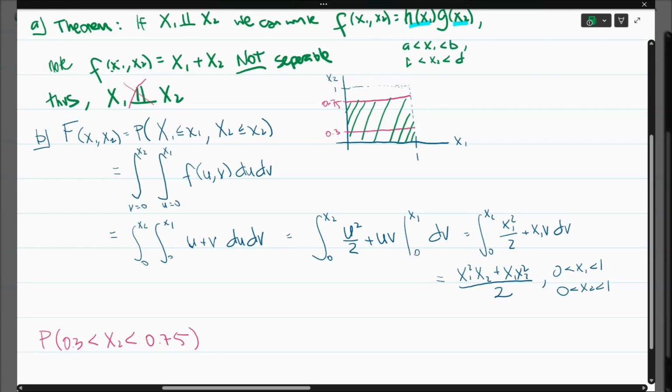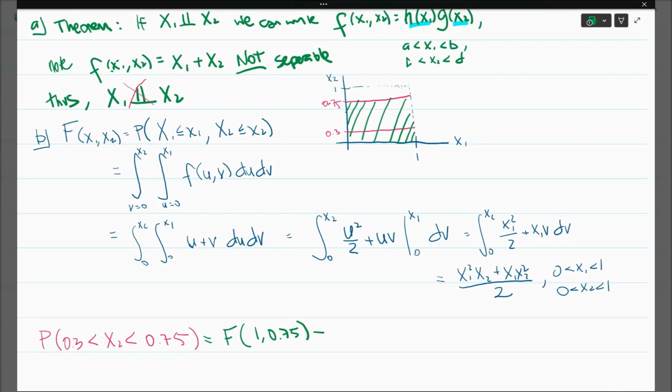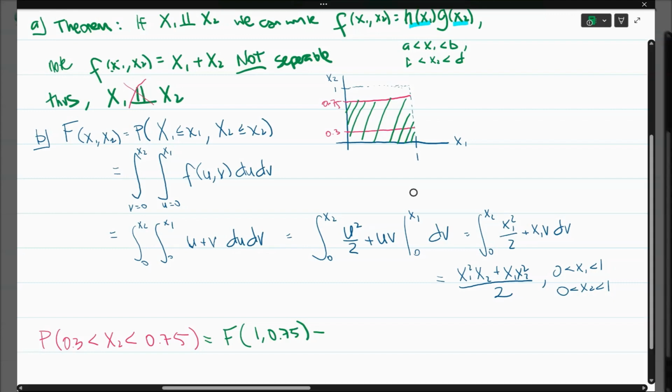So this is basically big F, how much I've accumulated when x1 is less than 1 and x2 is less than 0.75. That's the green zone. From that, I will subtract, let's say, use orange, this. The orange zone is F evaluated where x2 is less than 0.3.